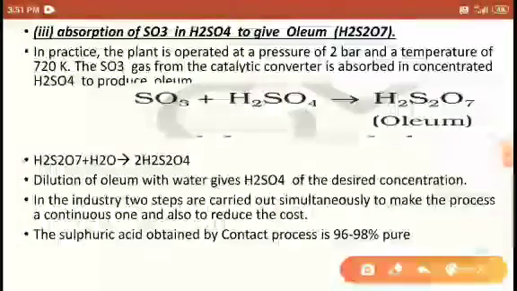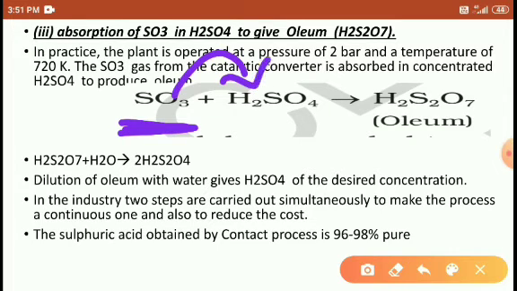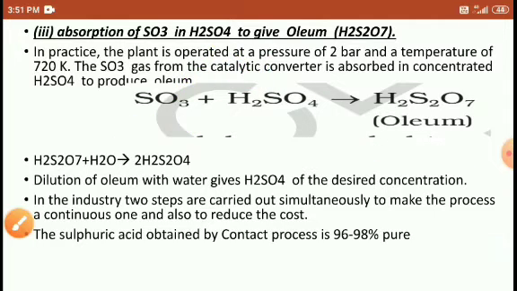After formation of sulfur trioxide, it is passed into concentrated sulfuric acid to form oleum, right?